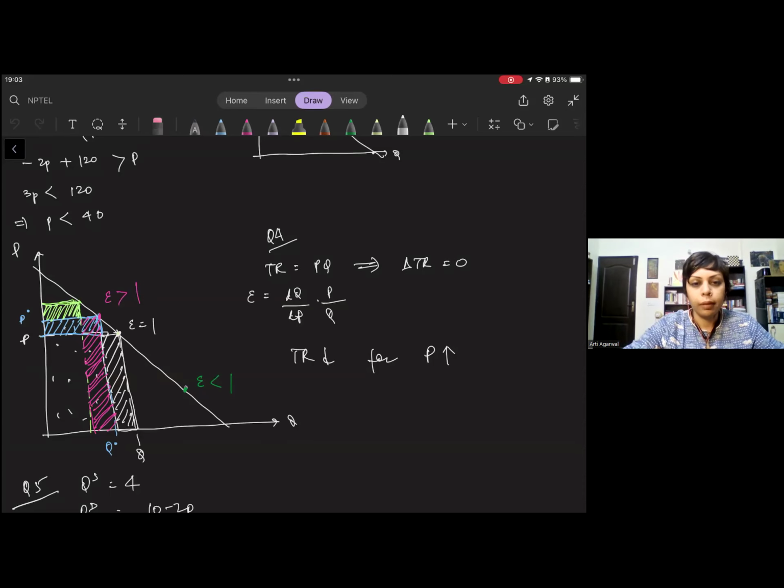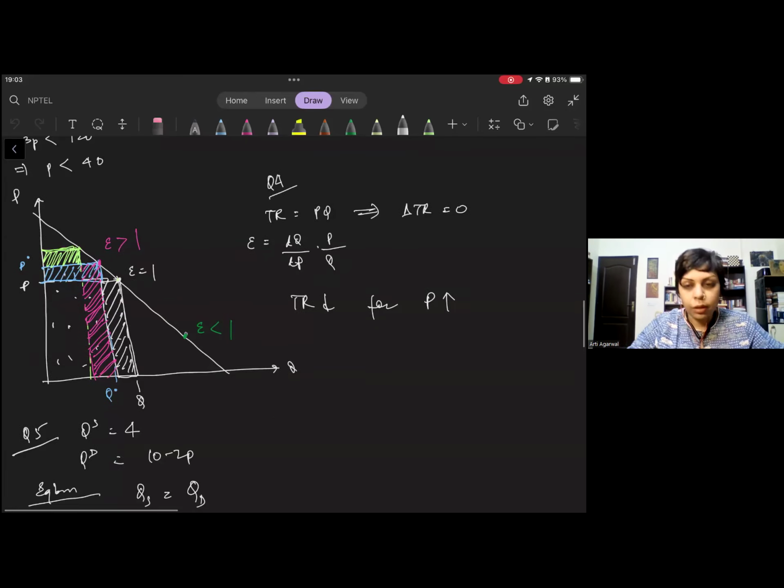If you see in this diagram, it's not exact and it's not to scale or anything. But the point where I have marked epsilon equal to 1 is the place where a slight move up or down is not going to affect your revenue too much.